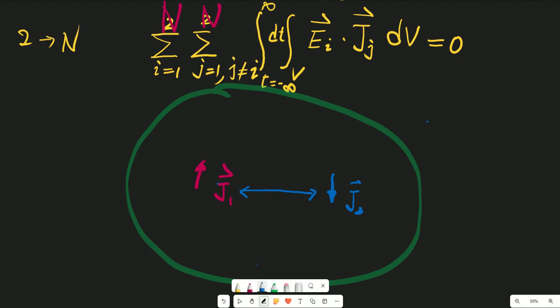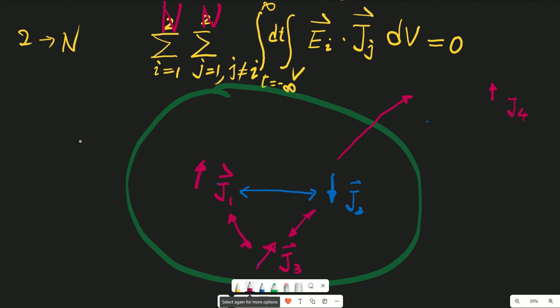If here has another one, J3, this perhaps has connections with this. And for example, here has a current J4, if something in outside. So that means there has no energy go outside.